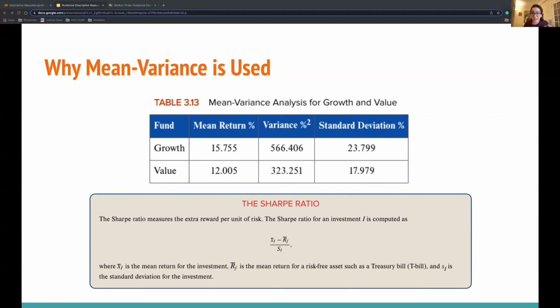When a fund is volatile and shifting in expectations and evaluation, there could be more reward, but there is inherently more risk. This is why we look at both mean and variance. Here is a table with the average return and variance. We see that there is more variance for the growth fund, where the investor would encounter more risk.